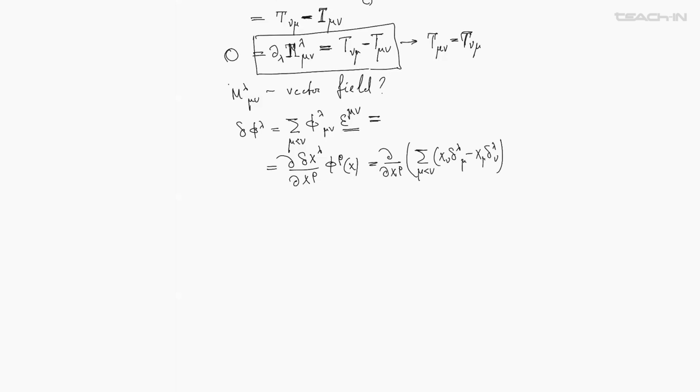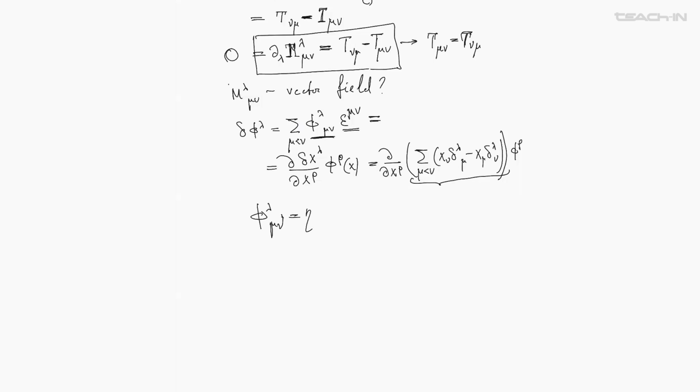So I need to apply the derivative to this expression here and then multiply with the field φ_ρ. So performing the derivatives, you find that this response for the case of a vector field is non-trivial and is given by the following formula. These derivatives, the differentiation of x's with lower indices with respect to x's with upper indices, give again the Minkowski metric.